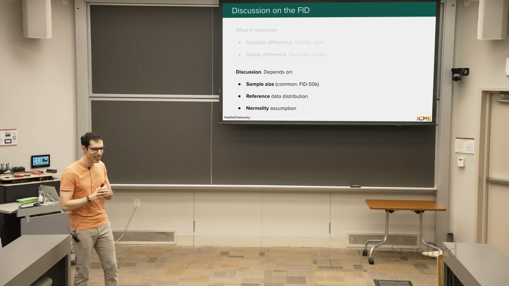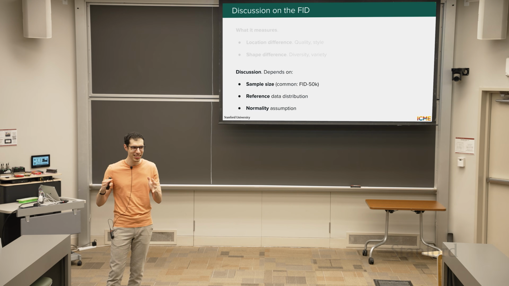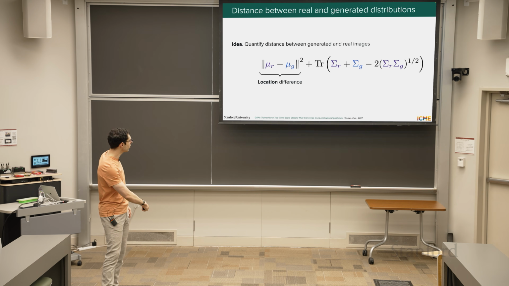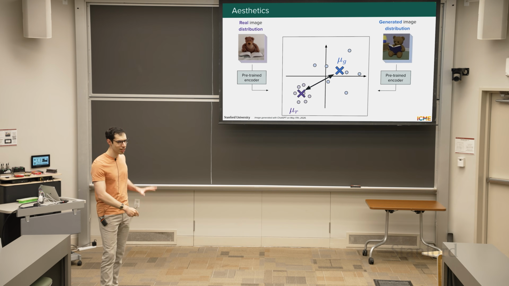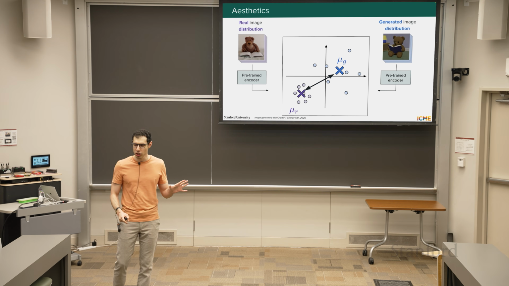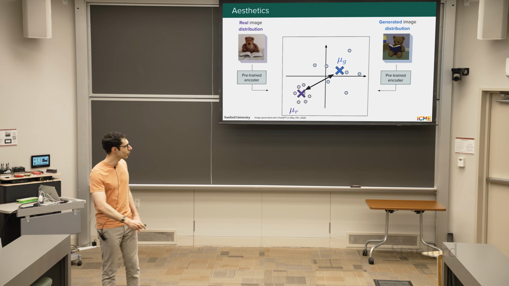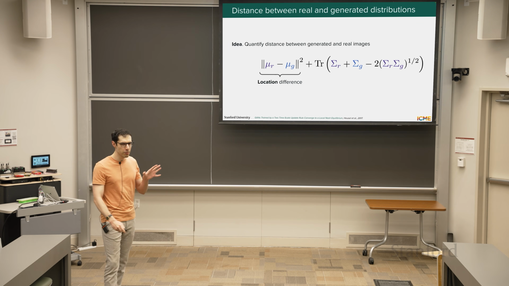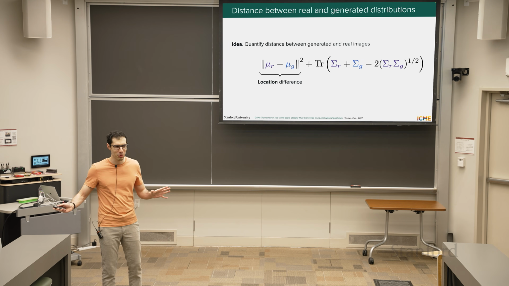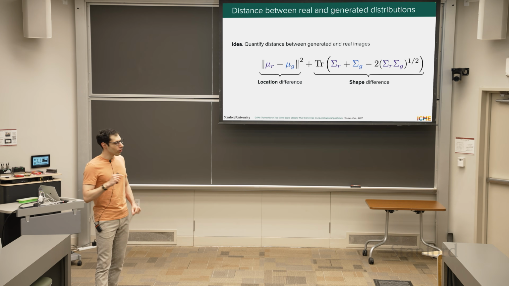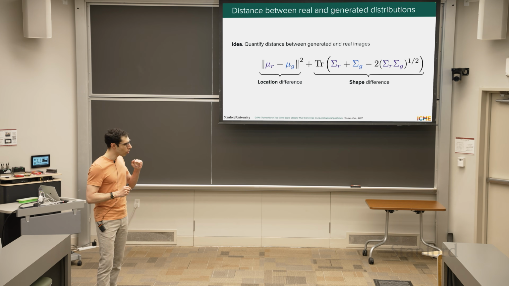And then the last thing is, one of the main complaints of people is that the distribution of real images and the distribution of generated images are typically not Gaussian. So this formula is typically not 100% valid. So the question is, is this formula only for Gaussians?